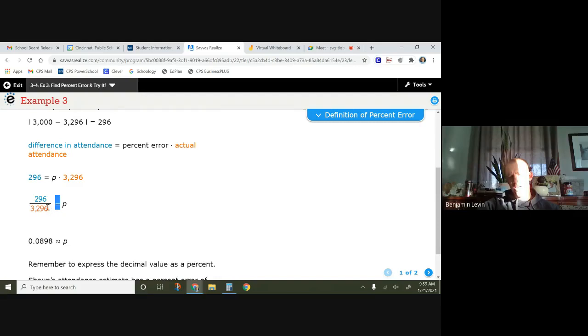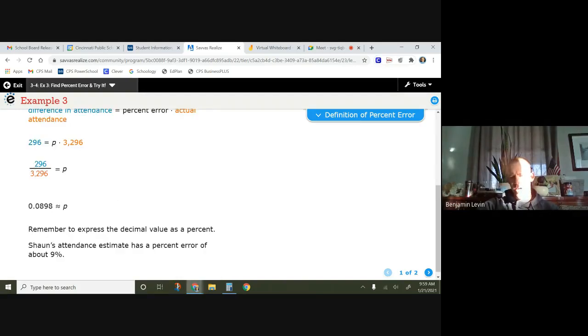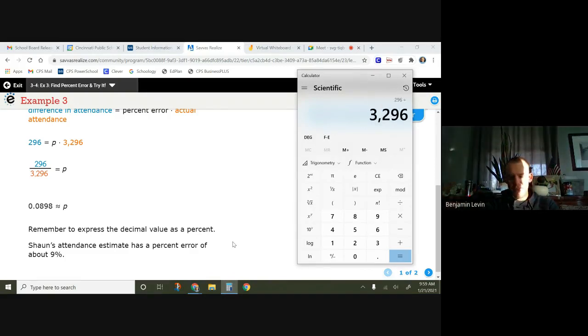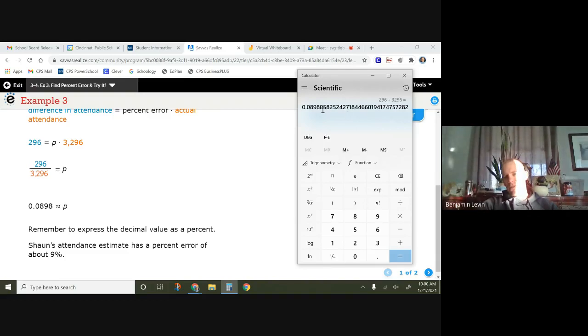The difference divided by the actual attendance. They did that. They punched this into a calculator, right? 296 divided by 3,296 equals 0. It gives you this really long number, right? But we can find out.